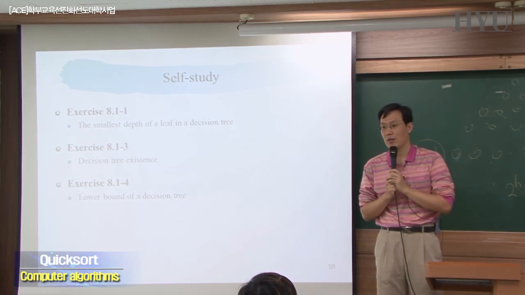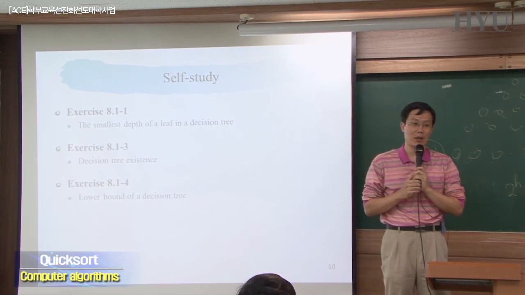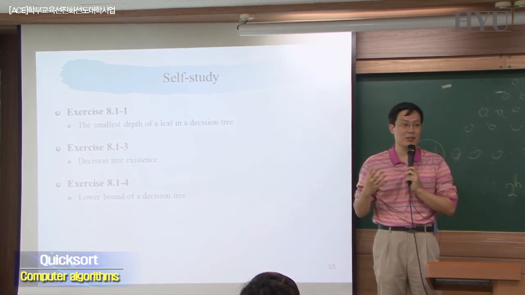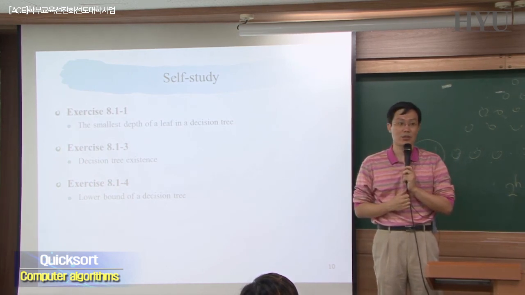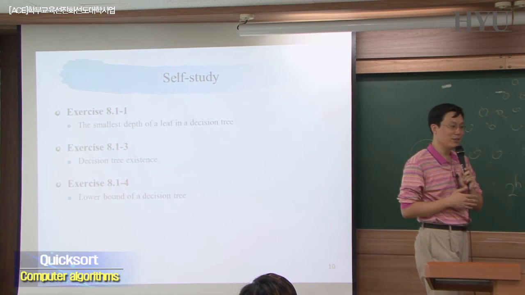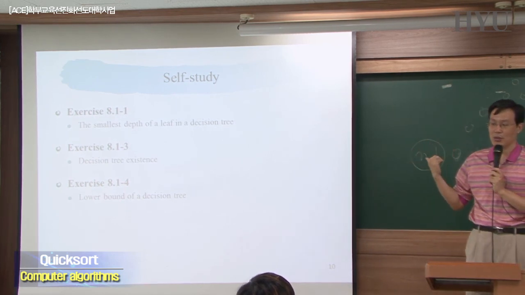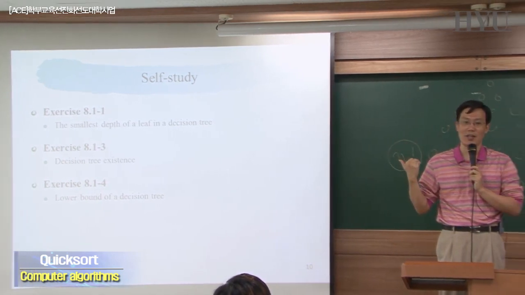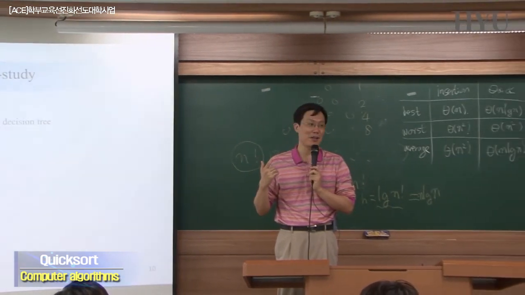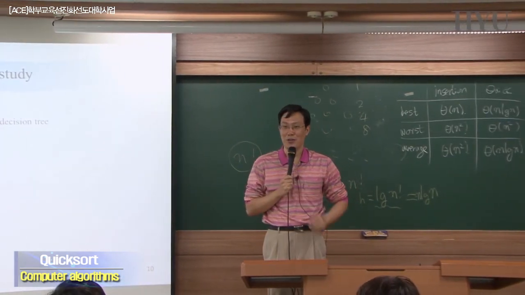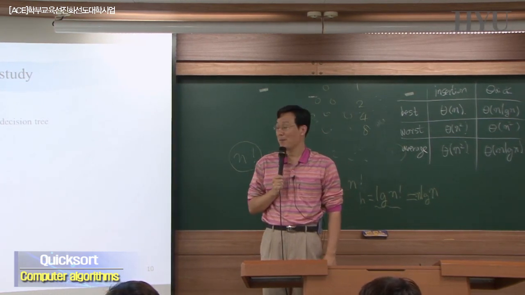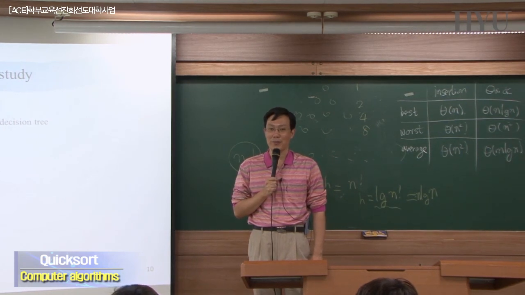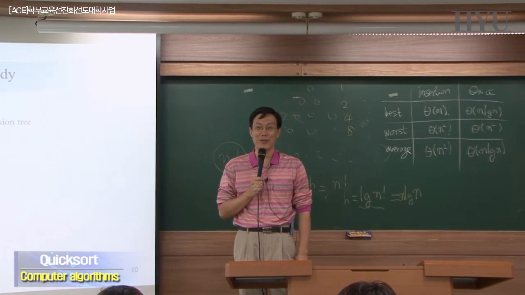And another 30% is from the self-study questions. So if you master review questions and self-study questions, then you can get 66 points from the midterm examination. Normally, the average is around 50.